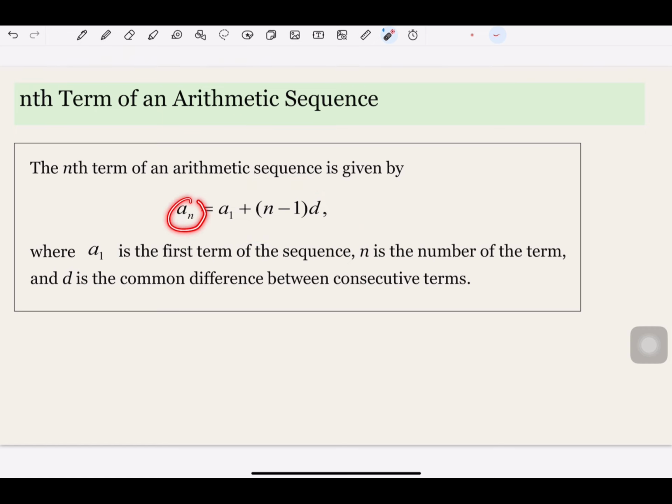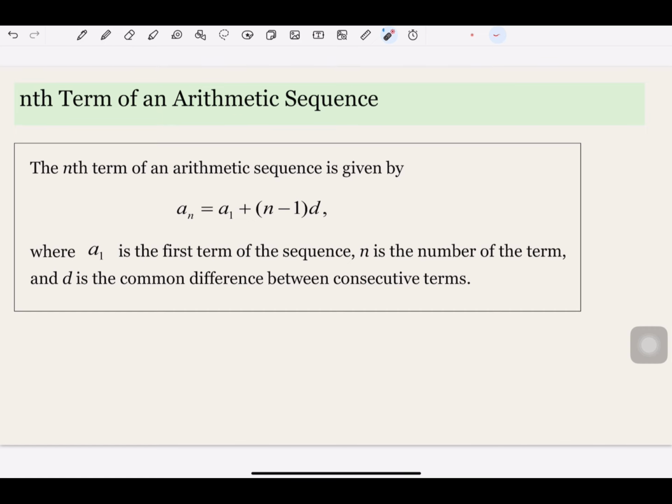Here a sub n is the term that you want to find, a sub 1 is the first term of the sequence, d represents the common difference, and n represents the term you are looking for. Instead of adding d over and over, this formula multiplies d by how many steps you need to move from the first term to the nth term, which is n minus 1 steps. So this skips all the middle terms and gets you straight to the answer.